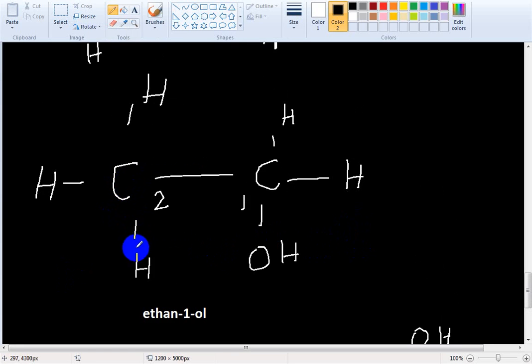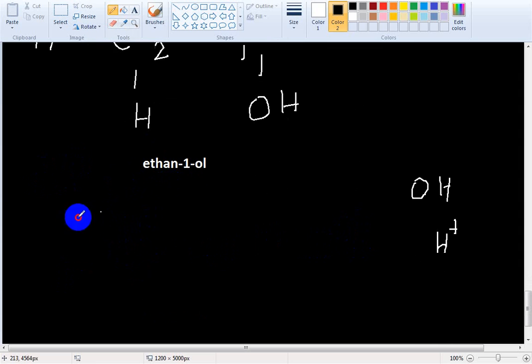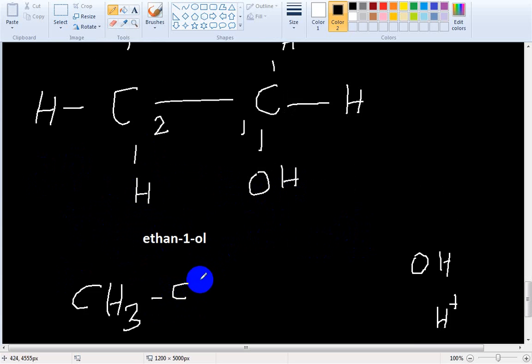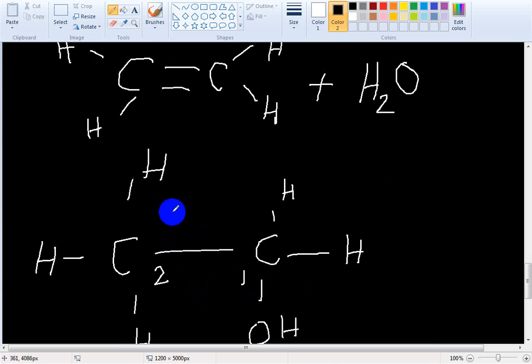This carbon has 2 hydrogens. This is the hydroxyl group. This is ethanol, or ethane-1-ol. All is right. Ethanol is formed. Good. So we have made ethanol in the hydration process.